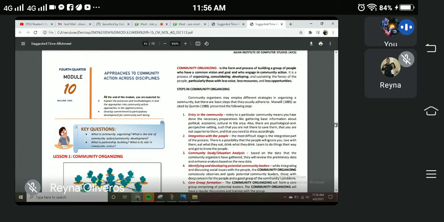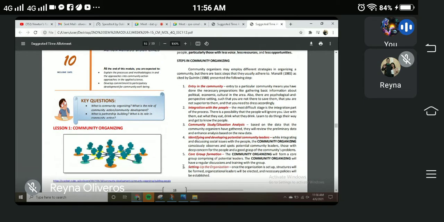As you can see here in the illustration, it shows a picture of how a group of people forms or organizes a community.